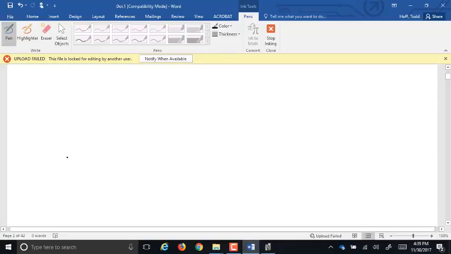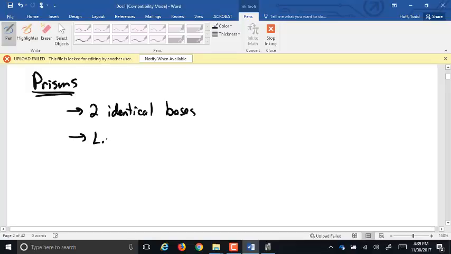What we've been working with so far, you don't really know this term, but they're called prisms. A prism has two identical bases, and the lateral surface, lateral area, is rectangles.